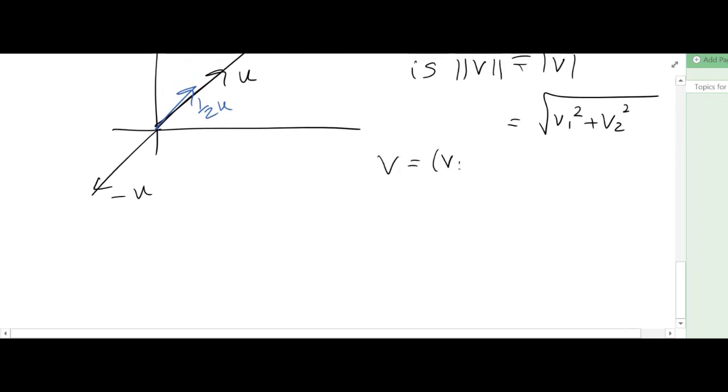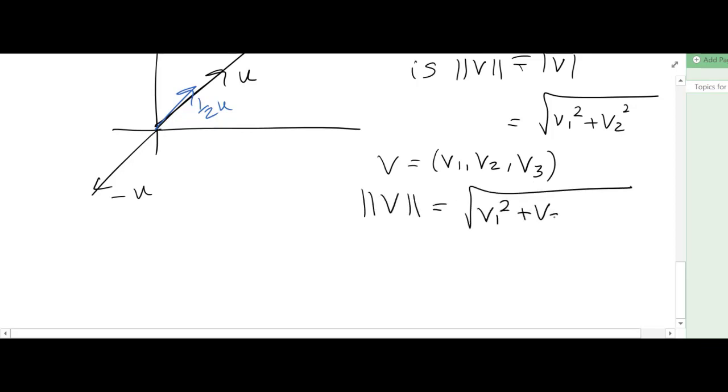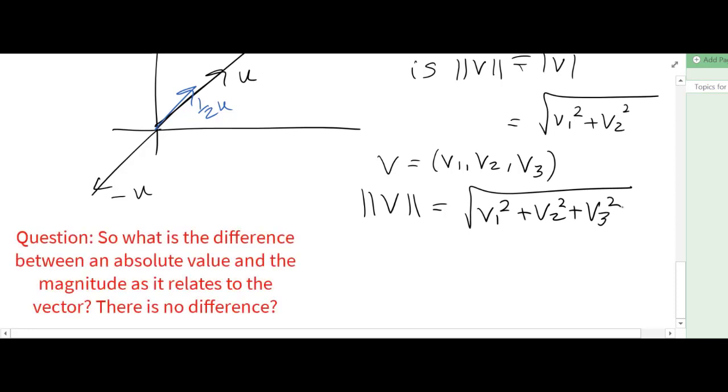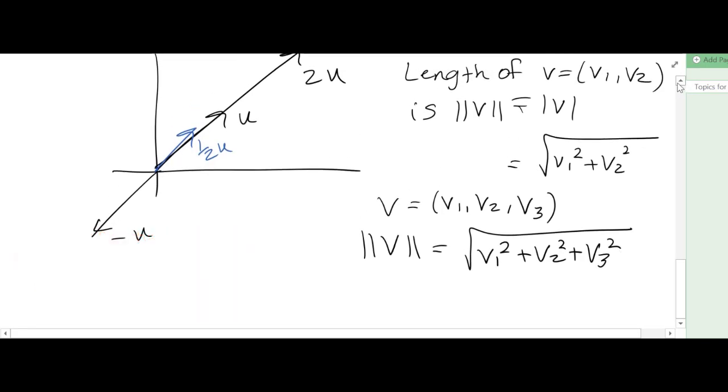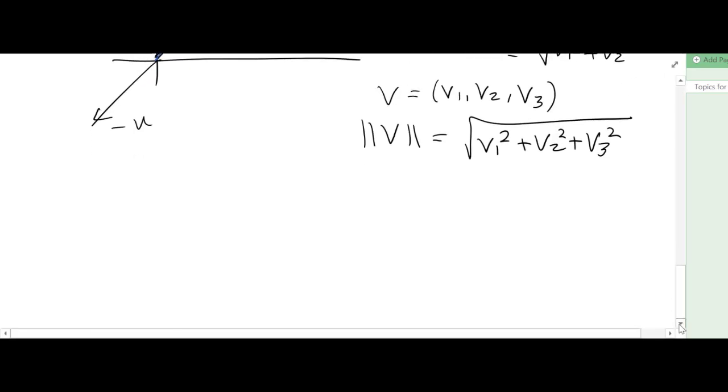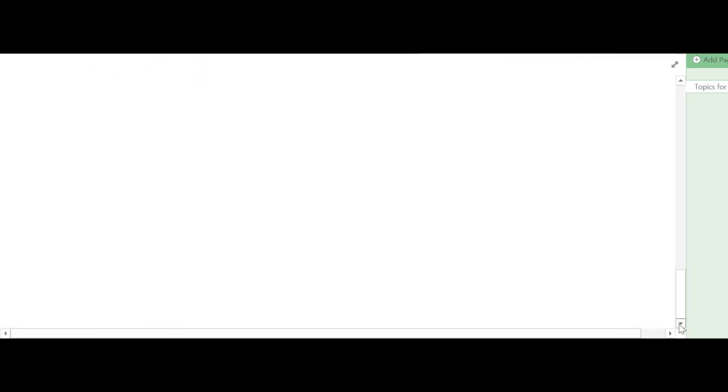If v is v1, v2, v3, then the magnitude of v, or the length, is the square root of v1 squared plus v2 squared plus v3 squared. That's the same thing, just different notation. It's just sometimes we use the absolute value notation to refer to a number as well. We use that for numbers too. So maybe you want to distinguish between those two, but it's the same thing.